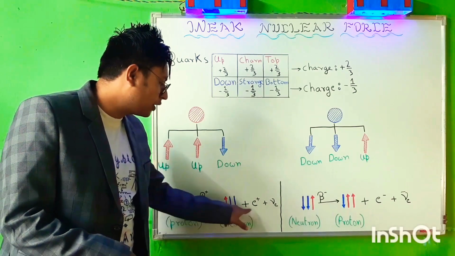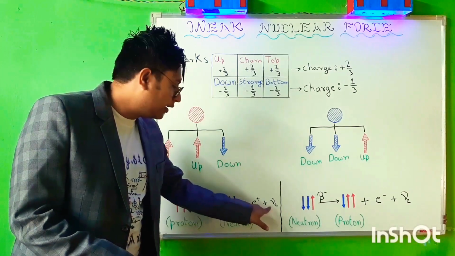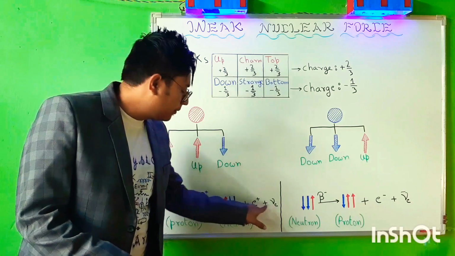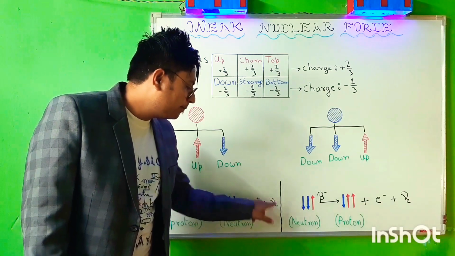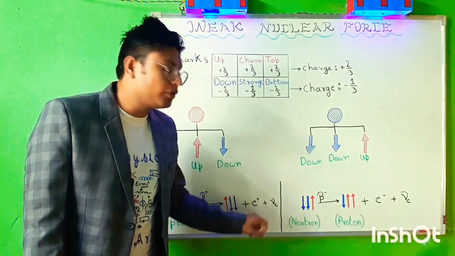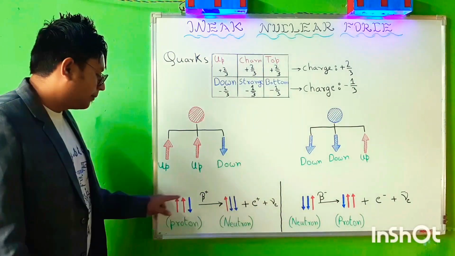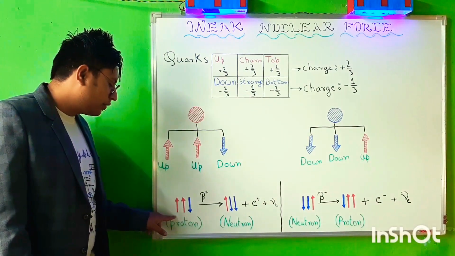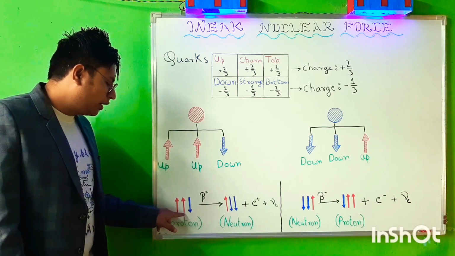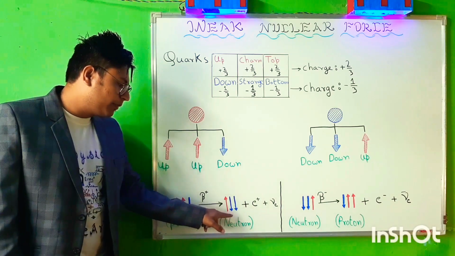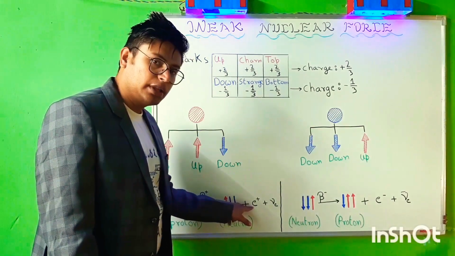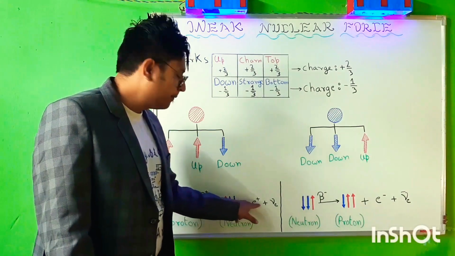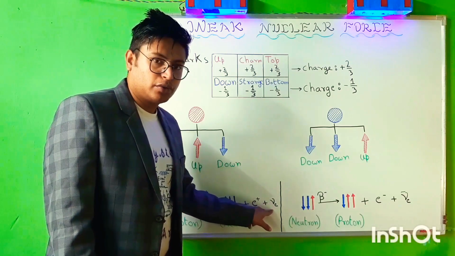That is a neutron, giving a positron, sorry, that is the antimatter of the electron, and a neutrino. So in beta plus decay, we have a proton where 1 up quark is changing into a down quark, making it a neutron, plus the emission of a positron, the antimatter of an electron, and a neutrino.